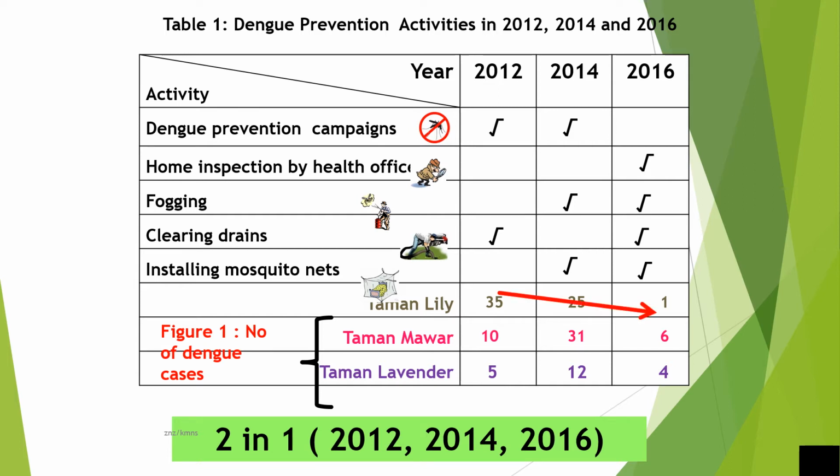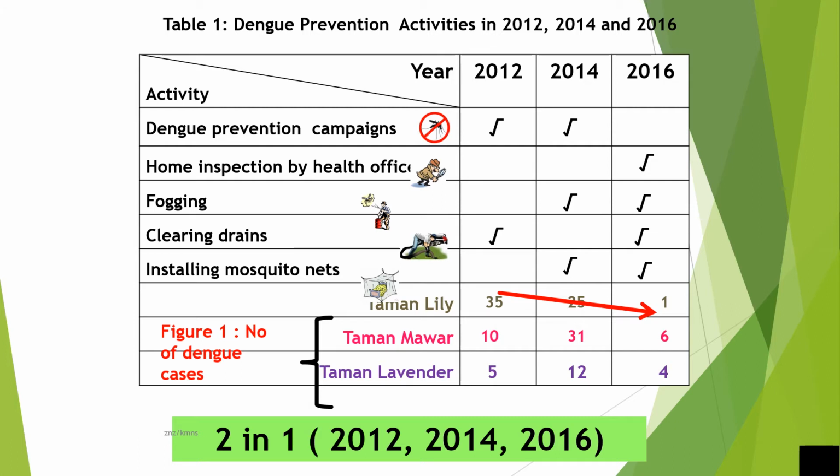So you can see for the number of dengue cases in Taman Lili, in the 3 years, the number was decreasing, there was a decrease in the number of cases from 35 to 25 and then to 1 in 2016.